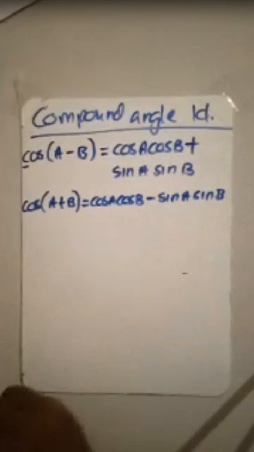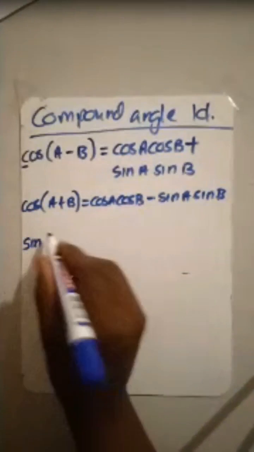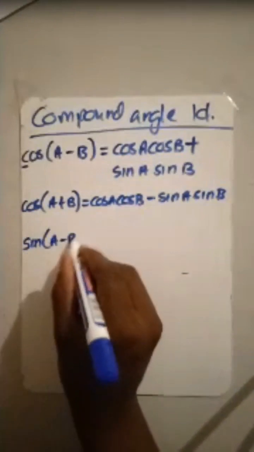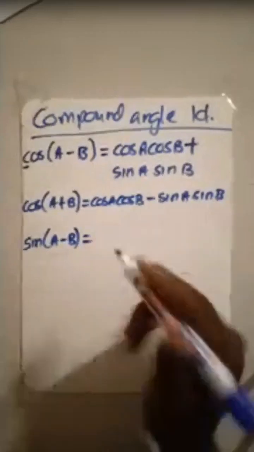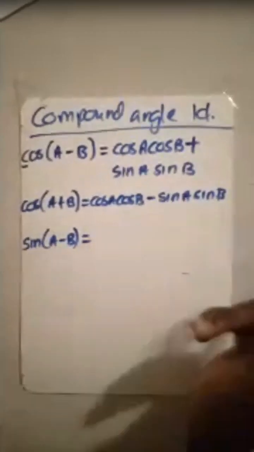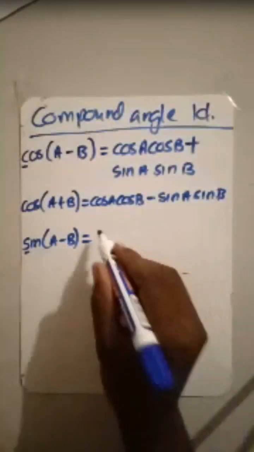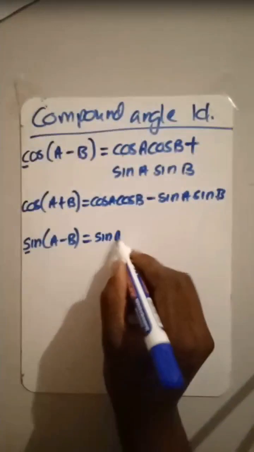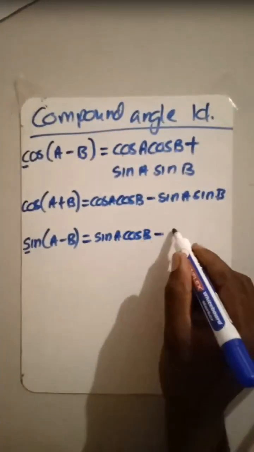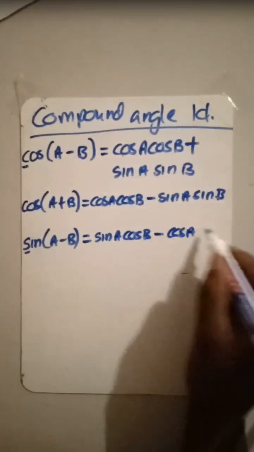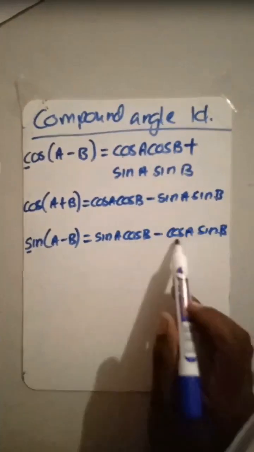Okay, so the other one that we have is sine(A minus B). Now for sine, it changes to CICO COSI. I think it's funny, CICO COSI. And the sign remains the same. So it's sine A cos B minus cos A sine B. CICO COSI.